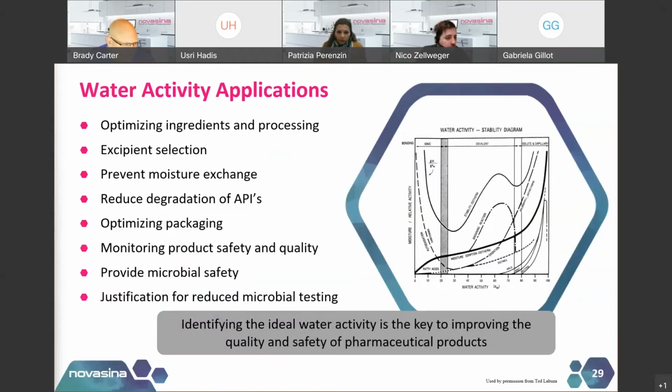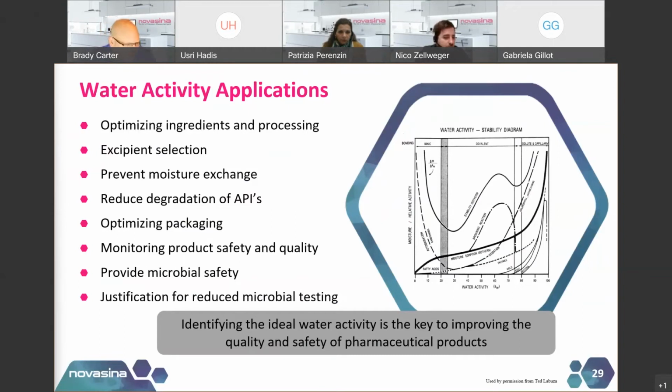So you can use water activity to optimize ingredients and how you process these products, what type of excipient you're going to use. Water activity prevents moisture exchange or moisture migration. Water activity impacts the rate of reactions, some of which may be degradative to the active ingredient in a pharmaceutical. So you can slow and prevent that from happening with water activity.